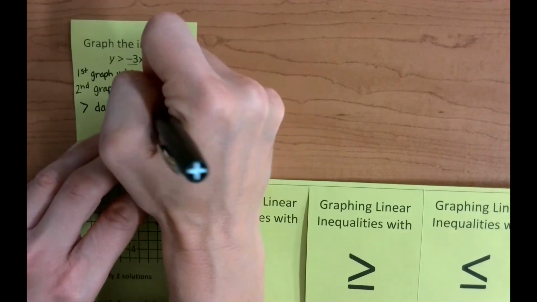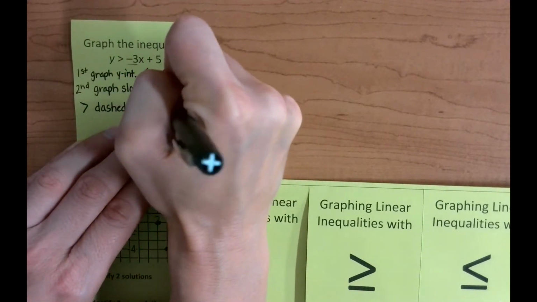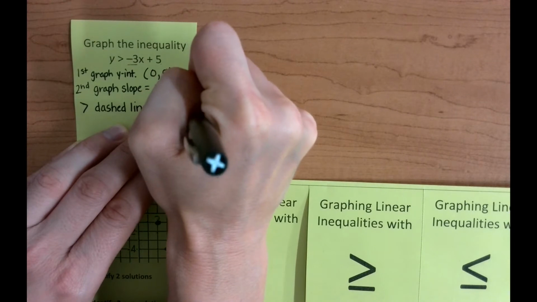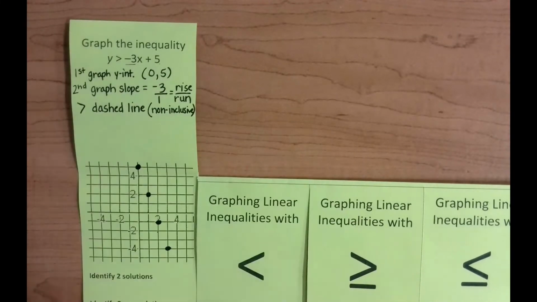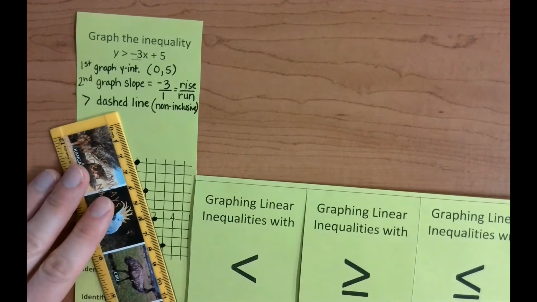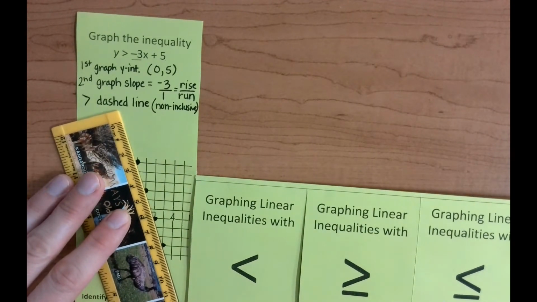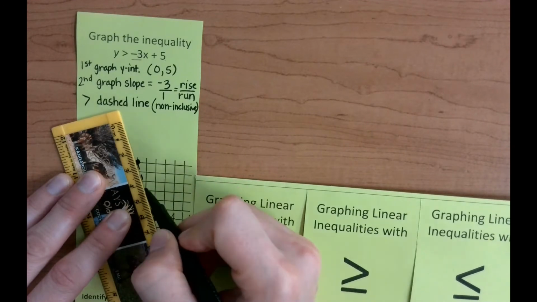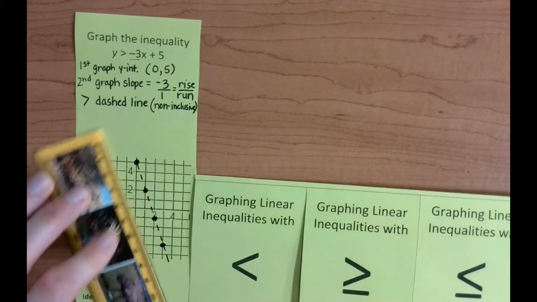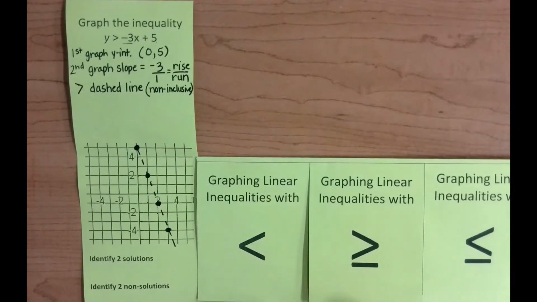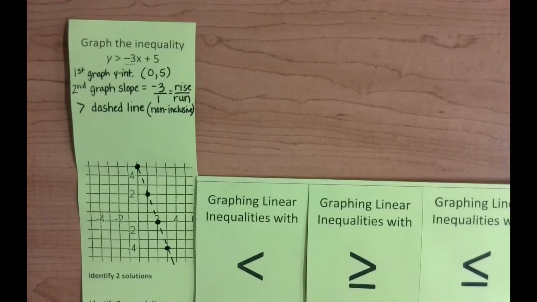We call that non-inclusive. So any points on that line are not included in the solution. So instead of a solid line, and you still would want to use your ruler that you have with your calculators to try to make it nice and straight and accurate, I'm just going to do little dashes or dots along my line. So it's not solid.